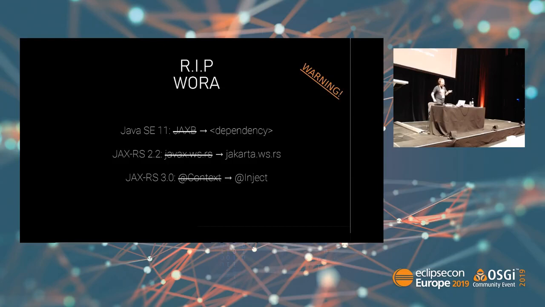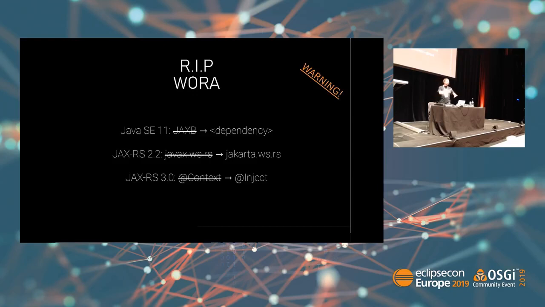We have to rename the package, which is not something we wanted to do, but we needed to do due to trademark restrictions. And we like to get more up to date with other APIs like CDI. So we are driving against getting rid of @Context, getting into @Inject.